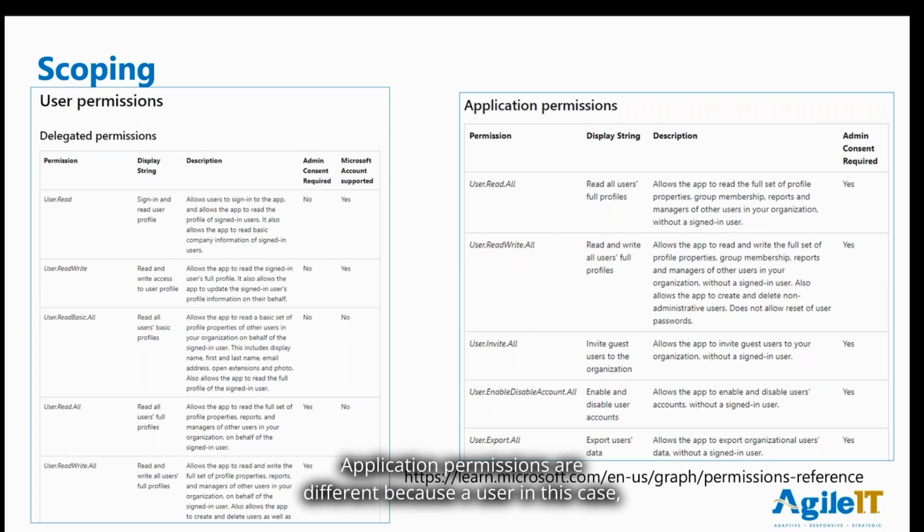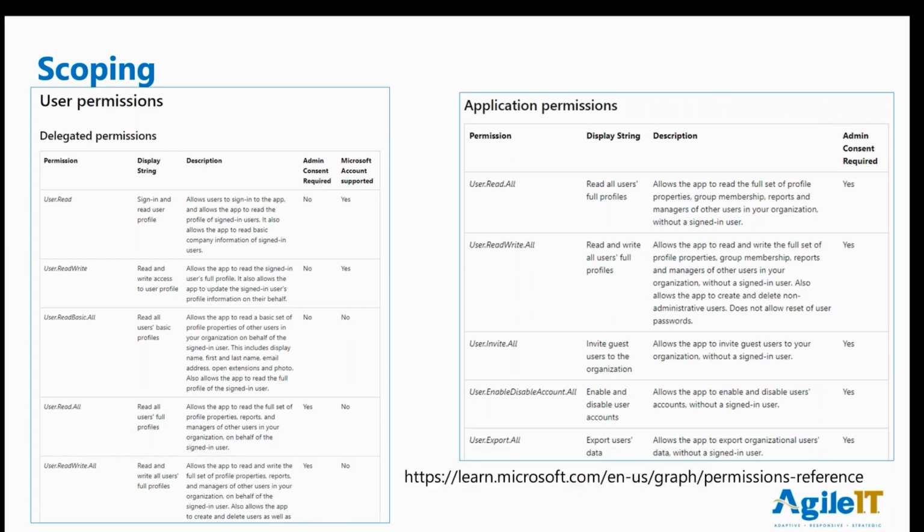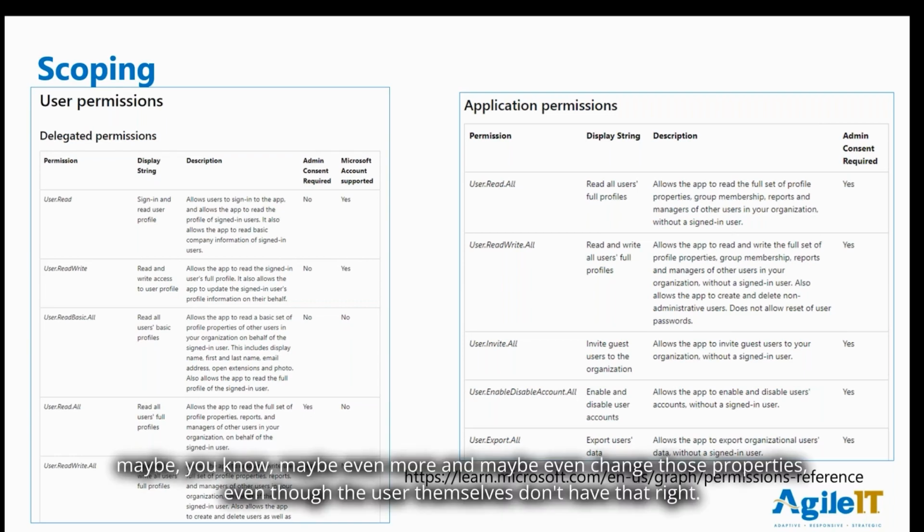Application permissions are different. In this case, I may want a user to log in. And again, I'm not saying this is the right way to architect, just that it creates a clear example. I want a user to log in, and the application wants to be able to list all of the users and their properties, maybe even more, and maybe even change those properties, even though the user themselves doesn't have that right.